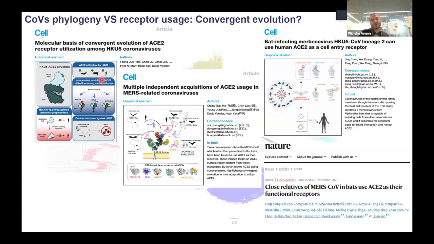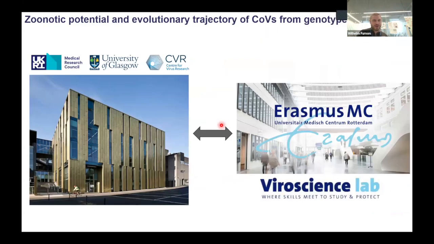Well, all these recent papers are showing the opposite, that actually a lot of them, or actually the ones that were tested so far, could actually use ACE2, either human ACE2 or their bat species ACE2. And I think this is maybe talking about some sort of convergent evolution, or maybe the ACE2 receptor usage was maybe the ancestral trait that then got explored and changed over time.